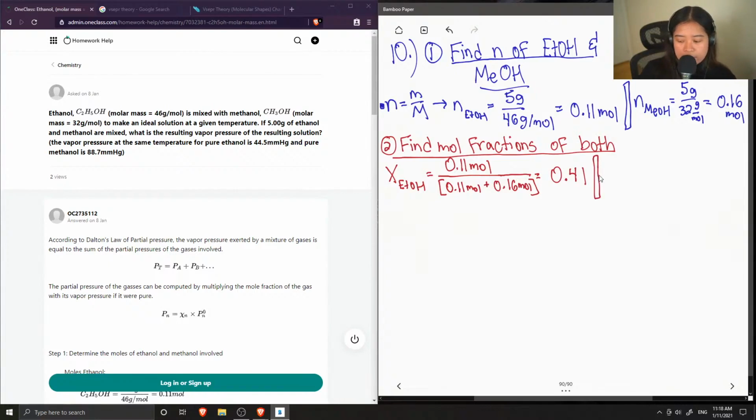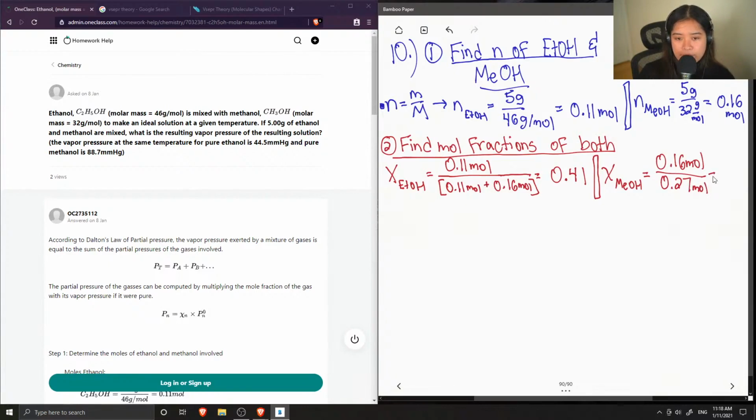Now we can do the same thing for methanol. So 0.16 moles divided by the total number of moles. If we just add it up, it's 0.27 moles.